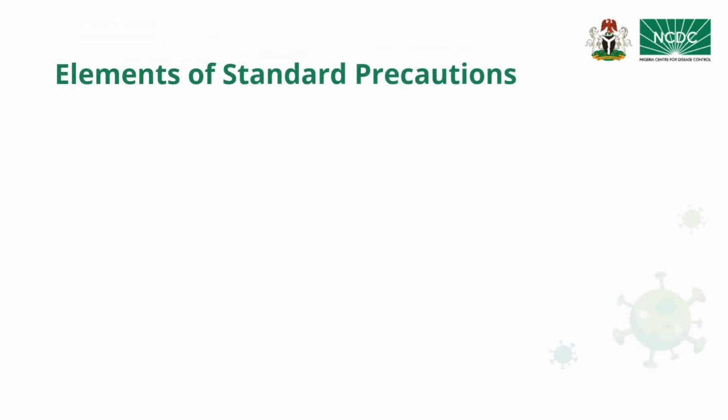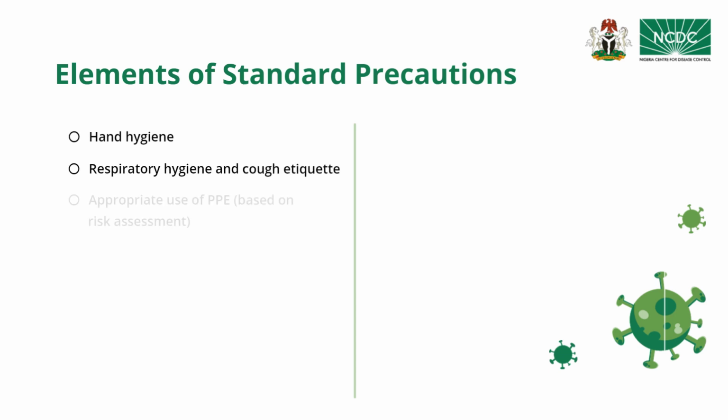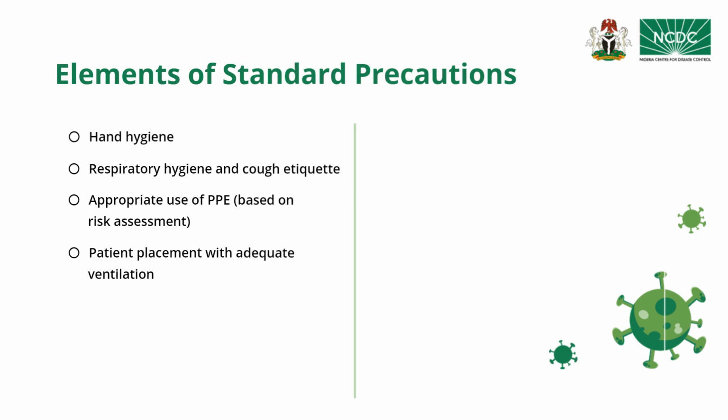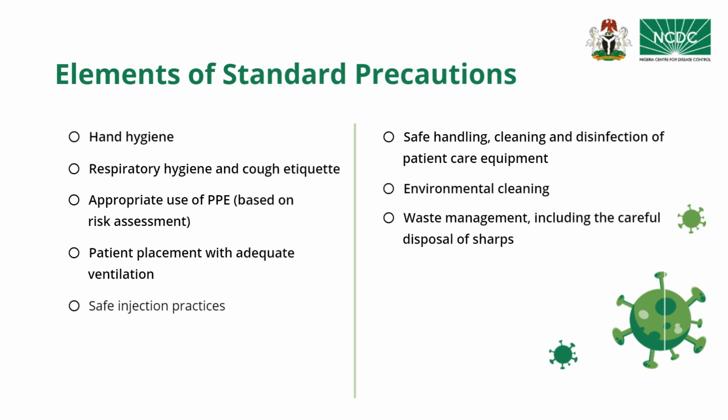These are the elements of standard precautions: hand hygiene, respiratory hygiene and cough etiquette, appropriate use of PPE based on risk assessment, patient placement with adequate ventilation, safe injection practices, safe handling, cleaning and disinfection of patient care equipment, environmental cleaning, waste management including the careful disposal of sharps, and occupational health.